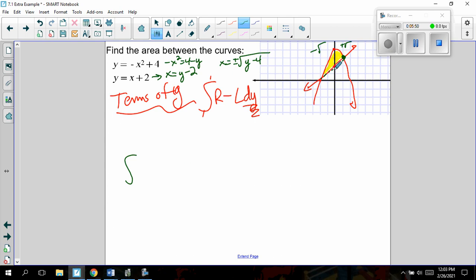So when I'm looking at this first piece, in terms of right and left again, the right side is my line, so y minus 2. The left side is my negative square root, so negative square root of y minus 4 dy. Okay. Now I still have to find those bounds, and they still essentially are these. I'm going to put a little dotted line right here because this is where we're splitting it.